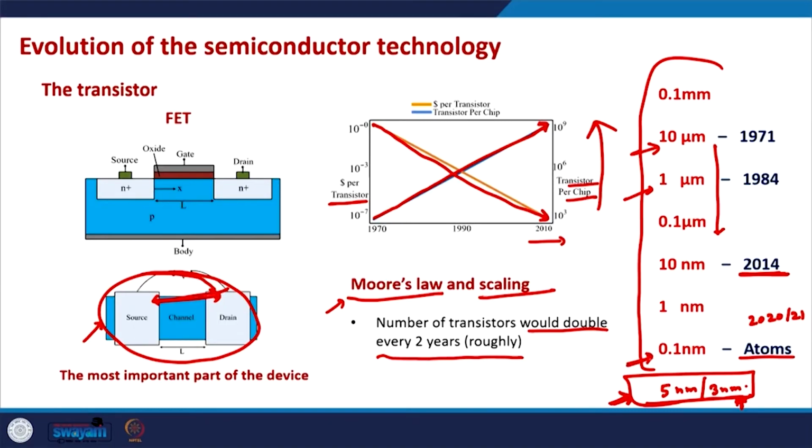So the number of atoms in the channel in modern devices, if we have, let's say, a 10 nanometer device, and typically the size of a single atom is 1 angstrom, 0.1 nanometer, it means that we have only around 100 atoms in the channel between the source and the drain, as compared to the many atoms that used to be there in the 1970s when the transistor was first invented.